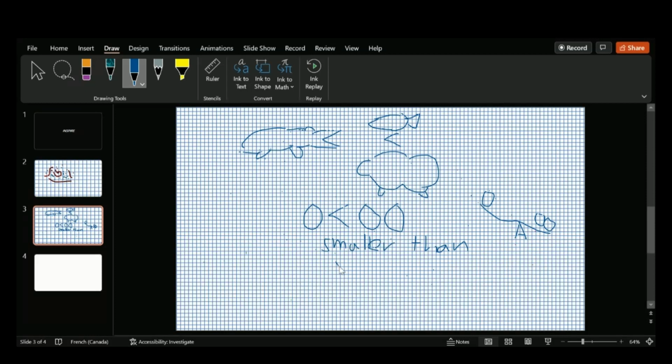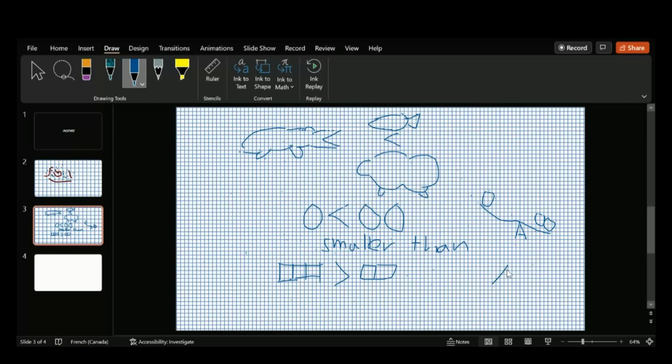Also, there's the bigger than. So you could have, I don't know, 1, 2, 3, 4 sticks, or ice cubes, and then 2 ice cubes. So this one would weigh more.